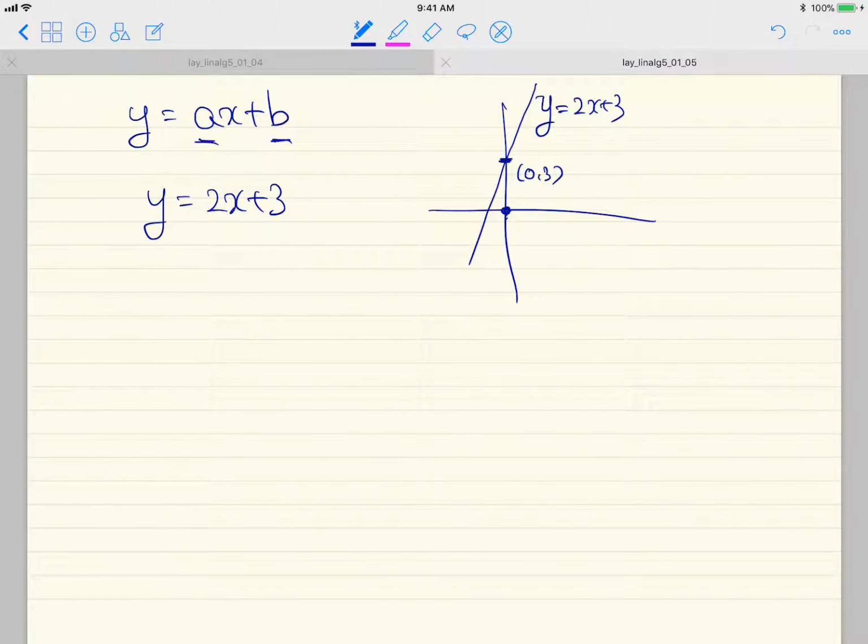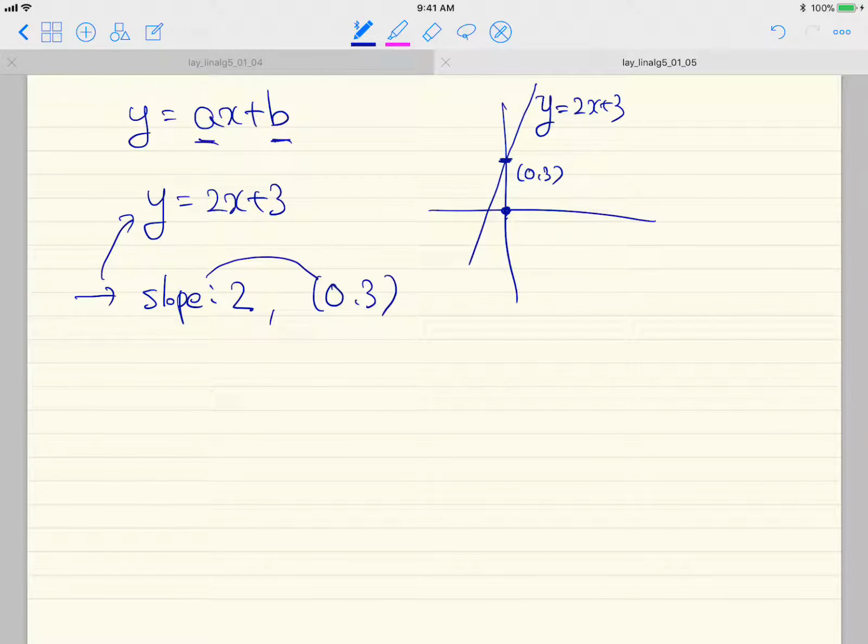And then here, let me give one version of the clues that we can form this same line, where I give this information. Okay, the slope is 2, and one point that this line passed through is 0, 3.